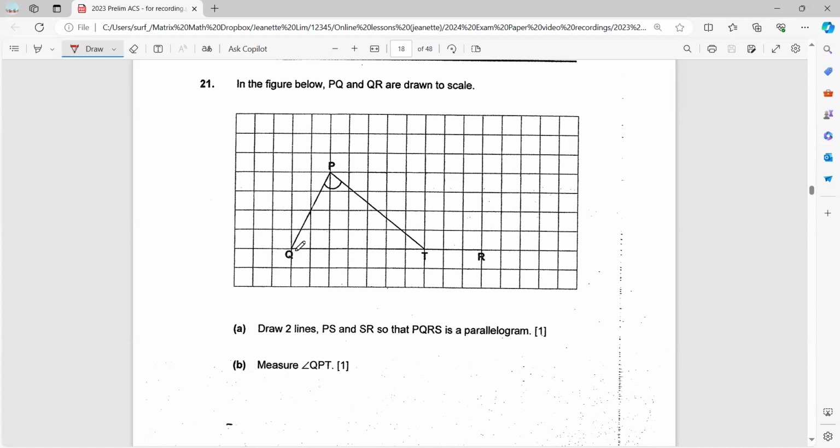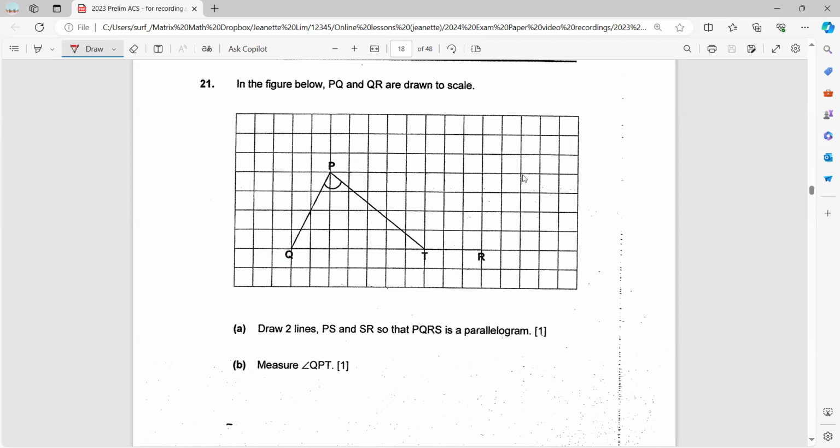So you just need to count how many times we are moving from Q to R. 1, 2, 3, 4, 5, 6, 7, 8, 9, 10 intervals, 10 gaps.